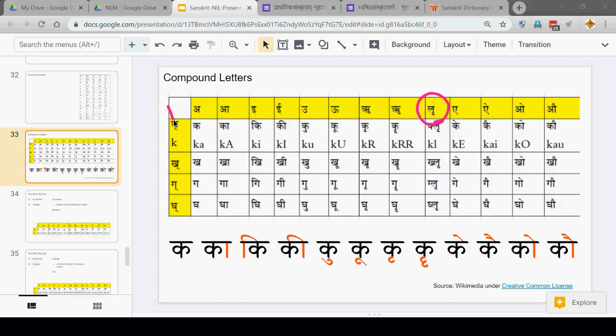However, there are not many words in the Sanskrit language which have this vowel ru. So this is not shown here, which I have taken from Wikimedia, this bottom part is not shown there, but it can be written. When we write it, it is similar to writing the cru sound, with the short c at the bottom.